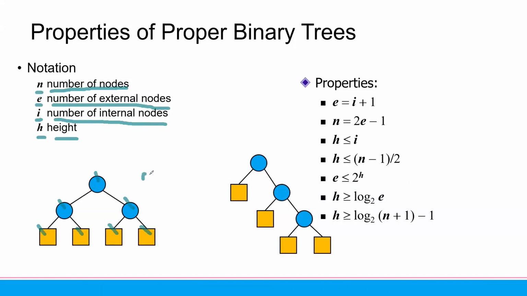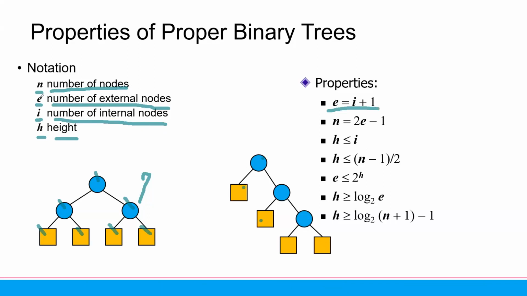We have 7 nodes. What about this? 1, 2, 3, 4, 5, 6, 7. Same 7, but the structure is different. So the properties will be something like this. e equals i plus 1.